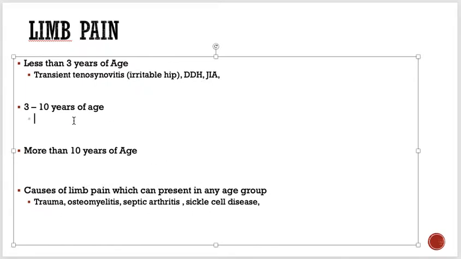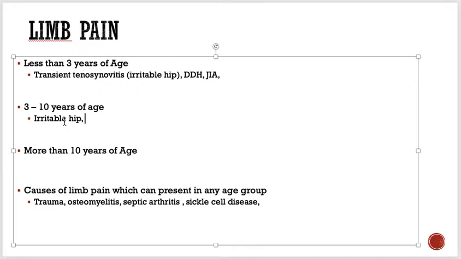But if we discuss the 3 to 10 years of age group, other than these common causes, there are causes which can occur in this age group more commonly. Transient tenosynovitis or irritable hip can present in this age group.